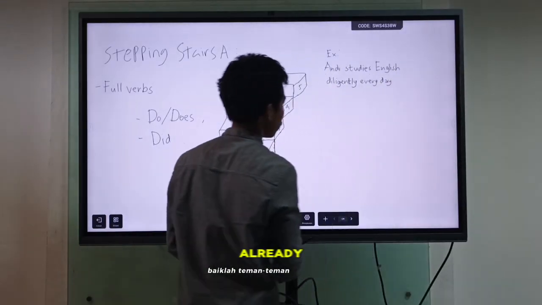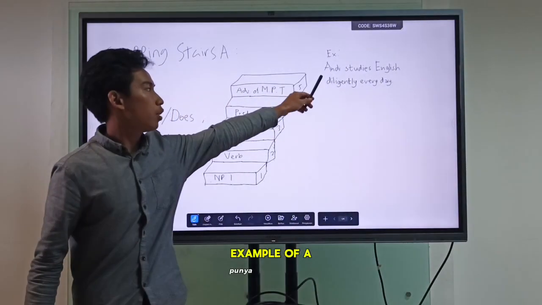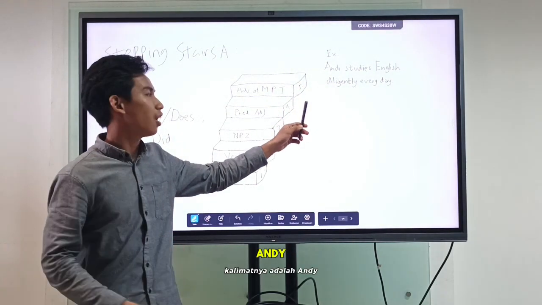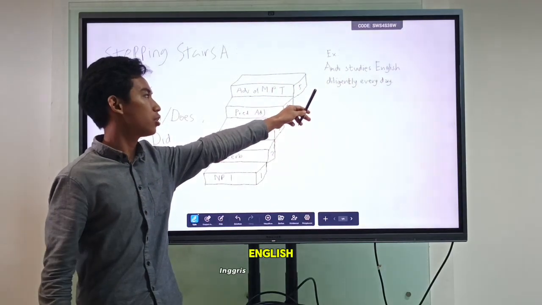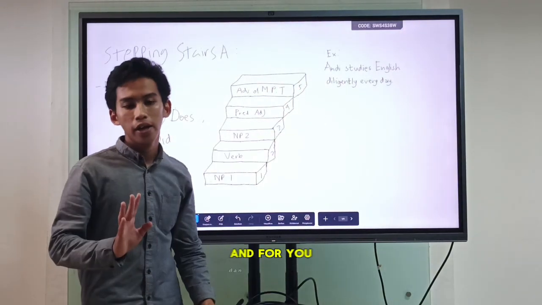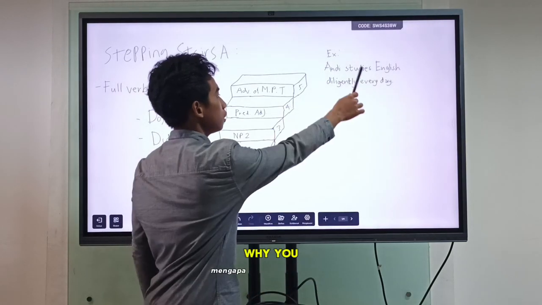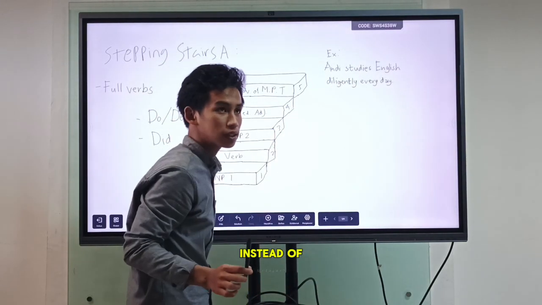Alright guys, I already have an example of a sentence. The sentence is: Andi studies English diligently every day. And for you guys who are curious, why use studies instead of study?